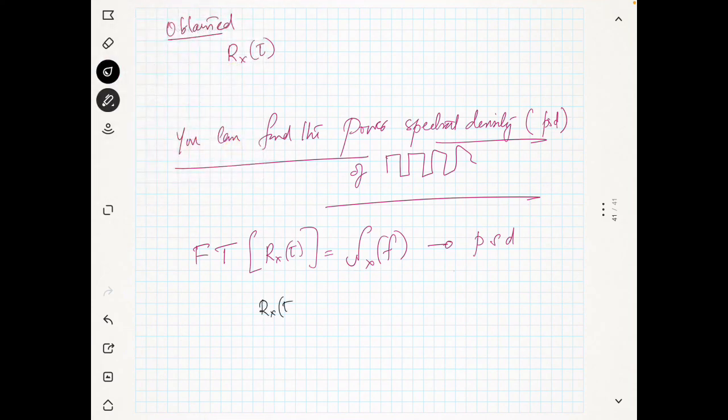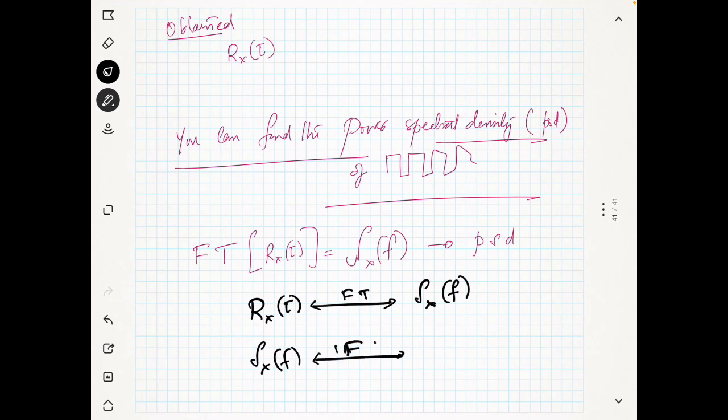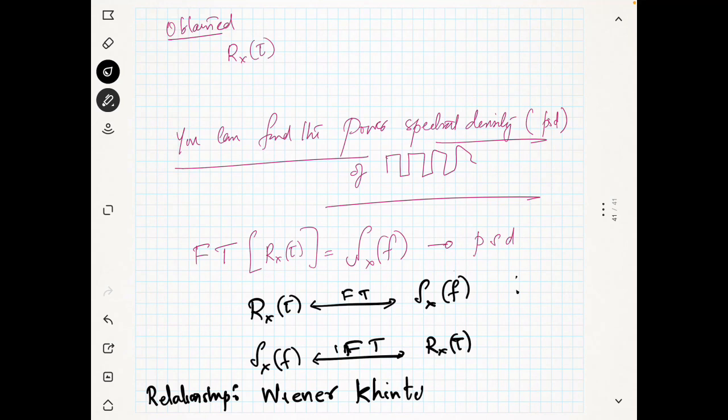And this relationship, that means Rx of tau has a Fourier transform Sx of f, and Sx of f has an inverse Fourier transform Rx of tau. This relationship is known as the Wiener-Khinchin relation. These are the names of the researchers.